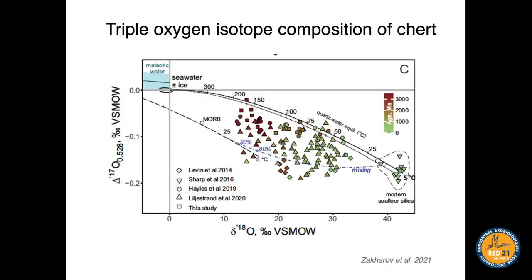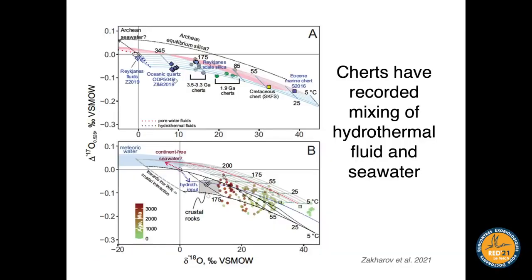It's a very good proxy because with this triple oxygen analysis, you can reconstruct the temperature, but you can also get the composition of the fluid responsible for the crystallization of the mineral. So in our case, we can have the oceanic temperature, but also the delta 18O of the ocean. And here, this is what the temperature dependence curve for modern silica looks like on a triple oxygen diagram.